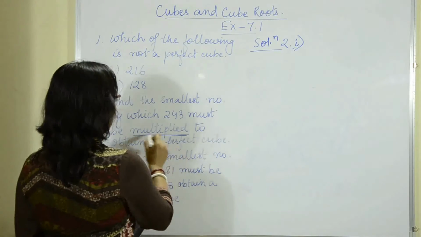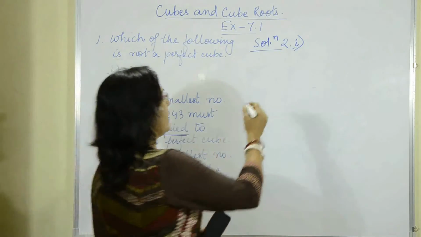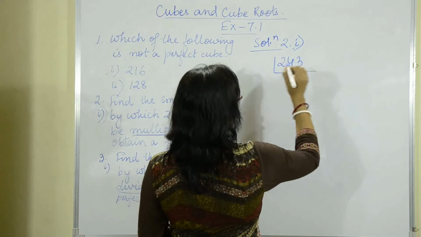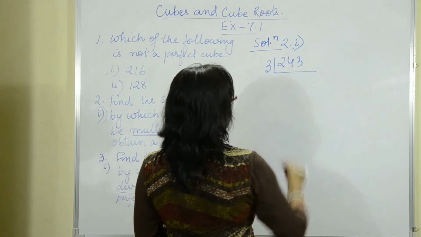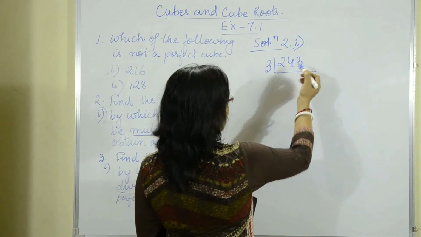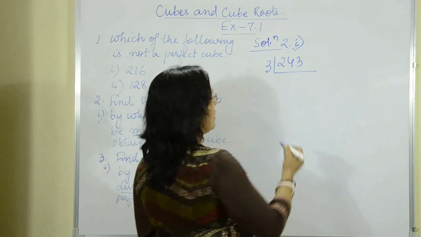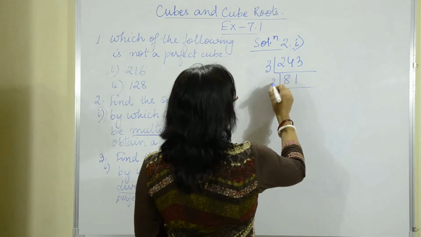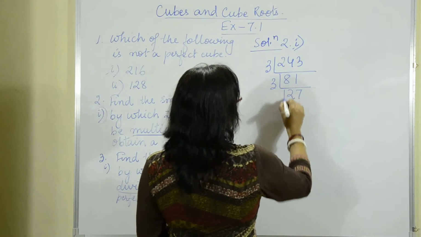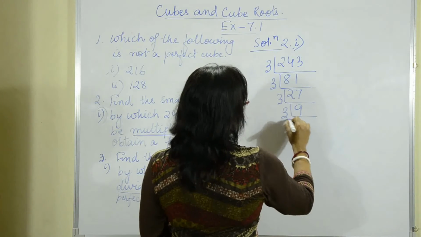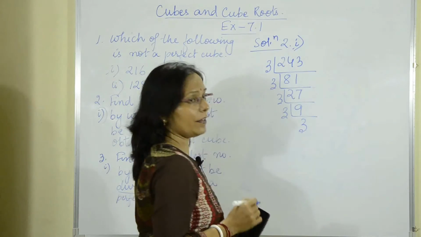Now, here I have to multiply. First let us take 243 and find out all the prime factors of that. This number is divisible by 3 because 2 plus 4 is 6, 6 plus 3 is 9, and 9 is divisible by 3. So this becomes 81, 27, 9, 3.